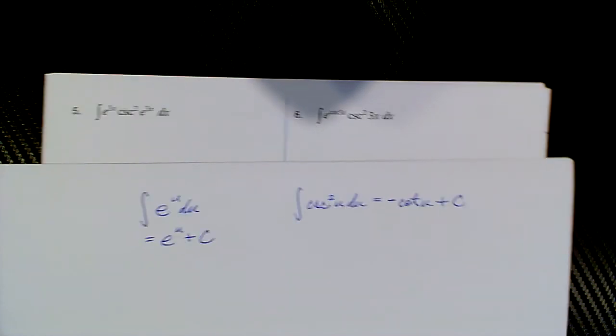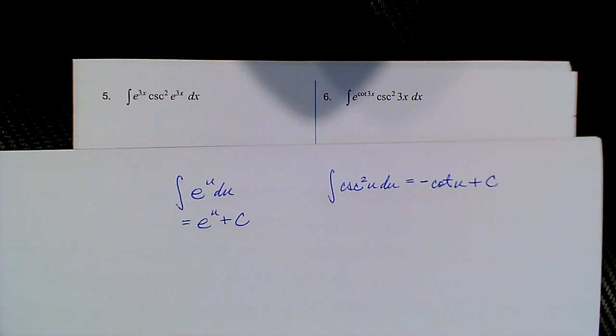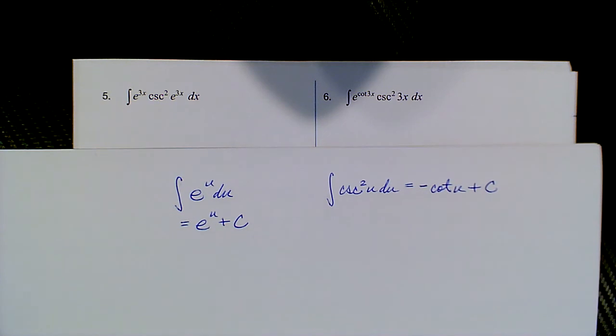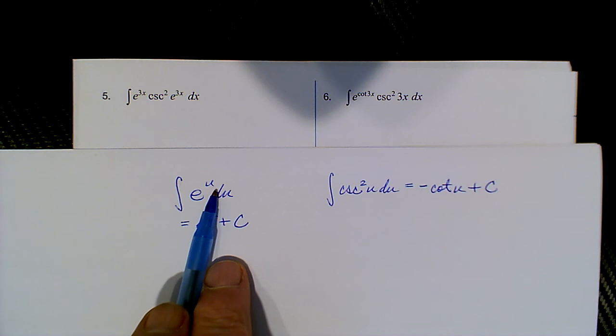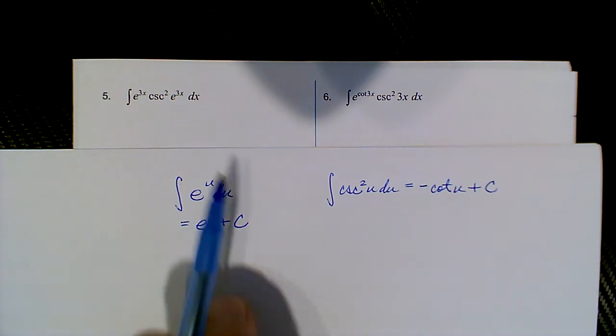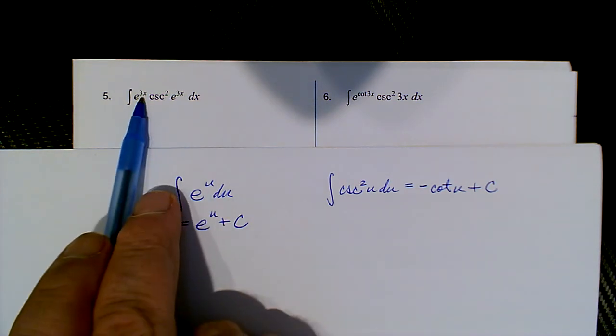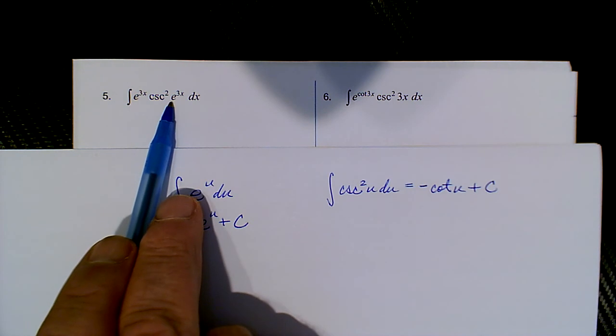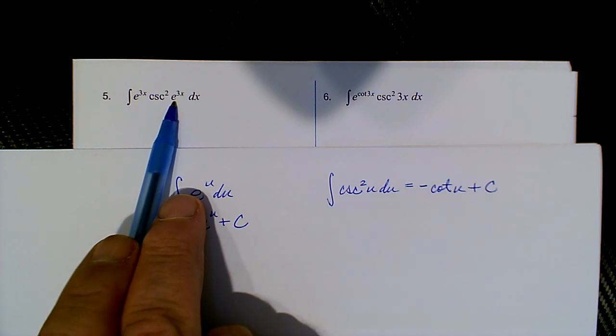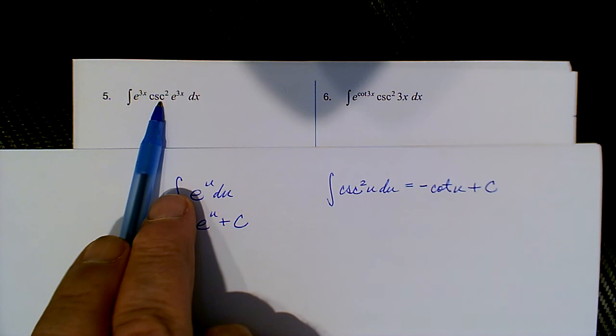In the first example, number 5, if we were to try to fit the form for e to the u, then we would have to pick our u to be the power on this e, 3x. Because this e to the 3x belongs to this cosecant squared. It's cosecant squared of this quantity, so that's the argument or the angle that belongs to the cosecant squared.